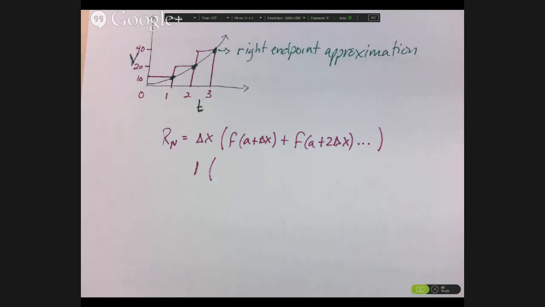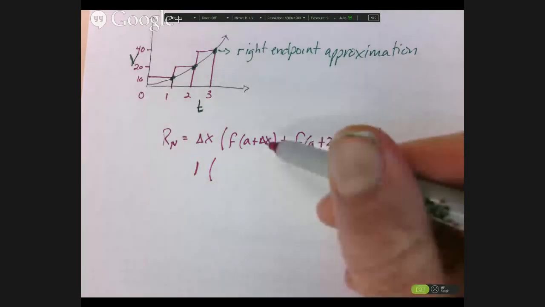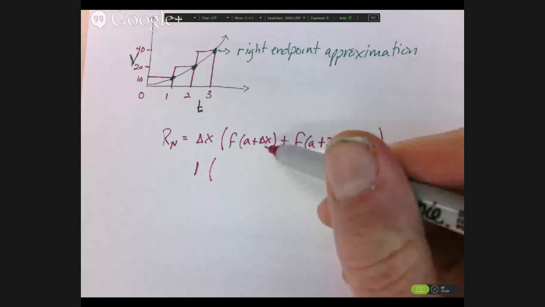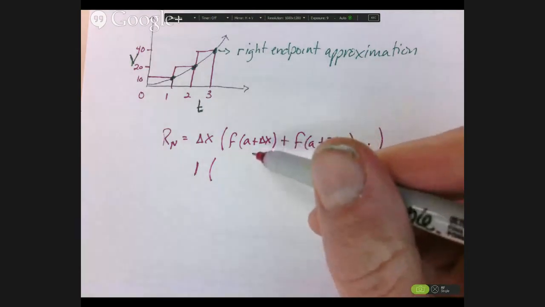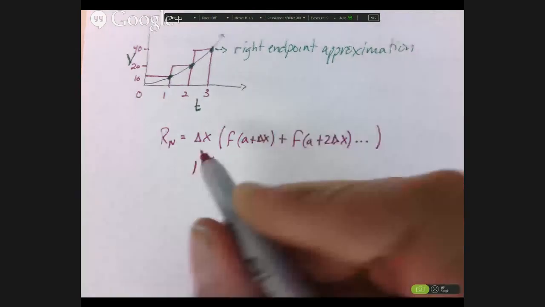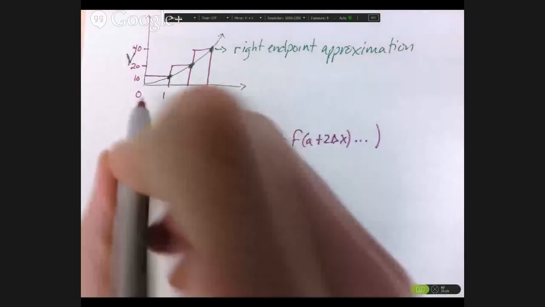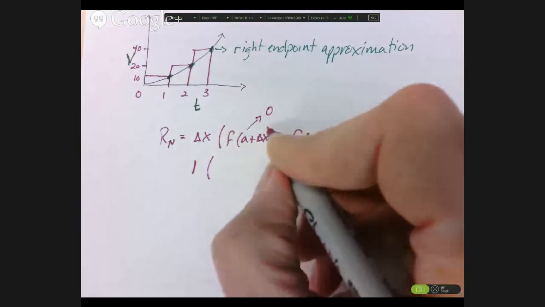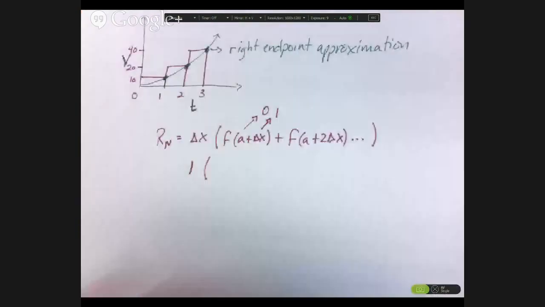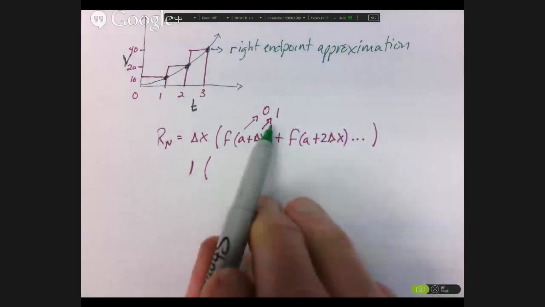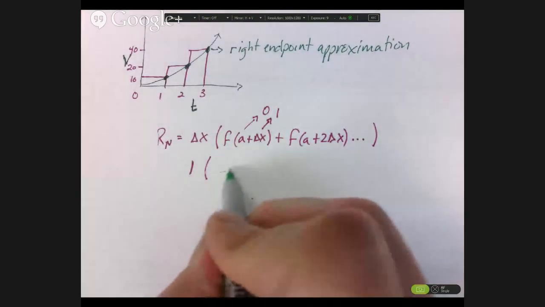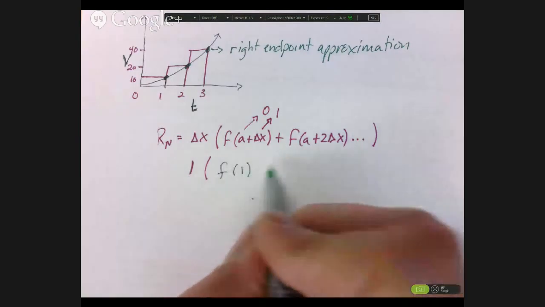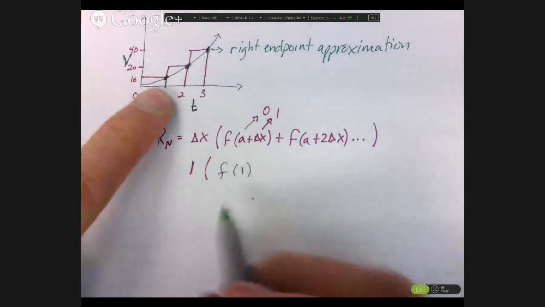Okay. And then A is 0. Yeah, A is where it starts. And you know that change in x is 1. So what's f of 1? Is 10.